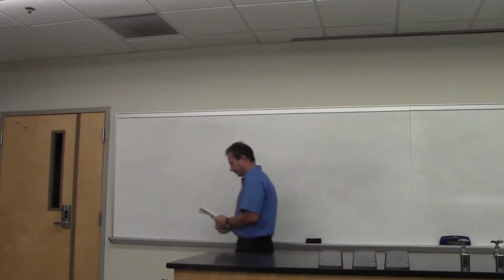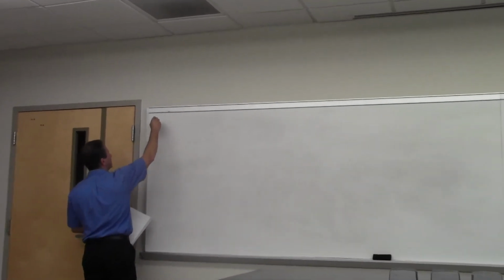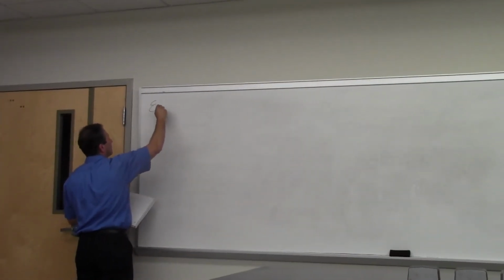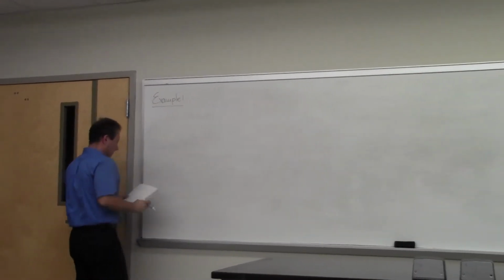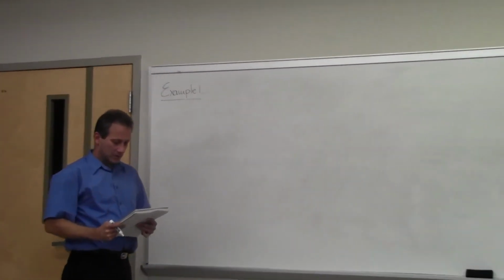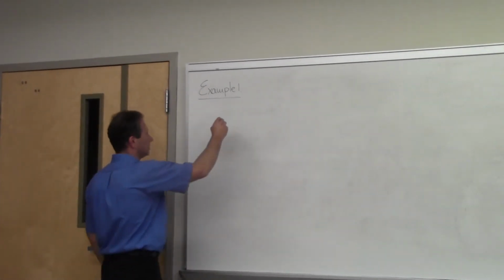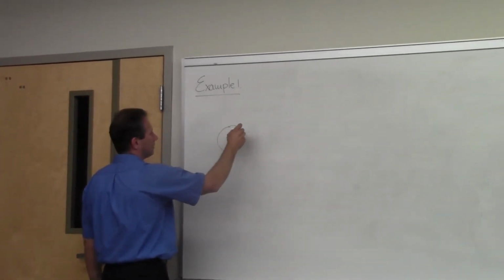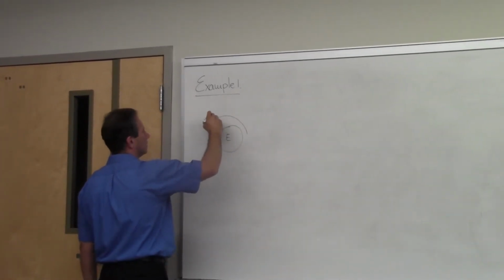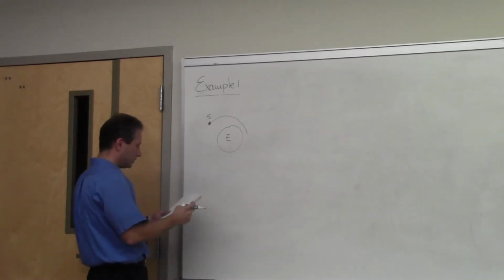So this is the first one that tells you a little bit about what kind of speeds you need to achieve to be able to launch. It says calculate the minimum velocity required to launch the satellite into an orbit. Okay, so here's Earth, and here's a satellite flying in orbit around the Earth.